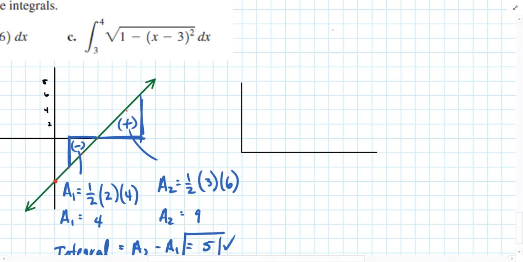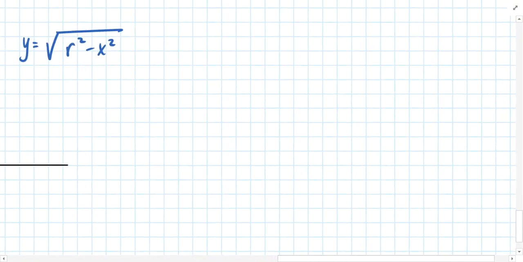Now this last example is kind of interesting. If you recall, we can graph a semicircle with the expression square root of r squared minus x squared, because this is a derivation of our equation of a circle where r squared is equal to x squared plus y squared.